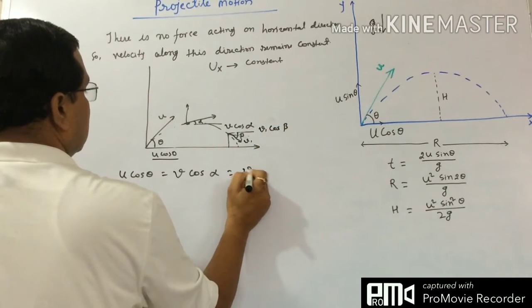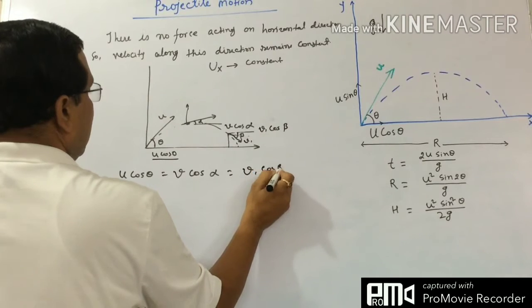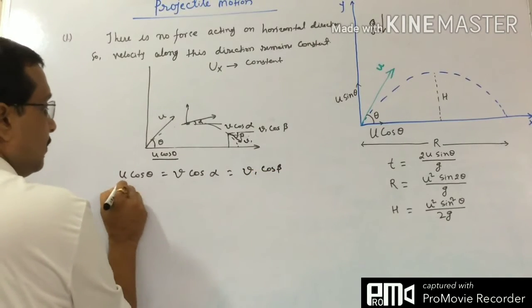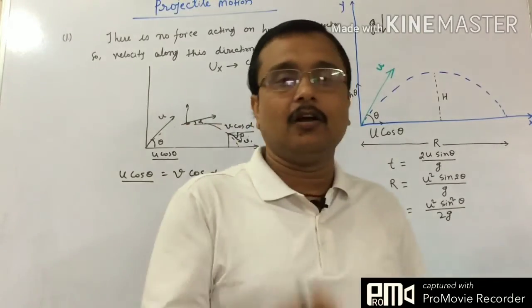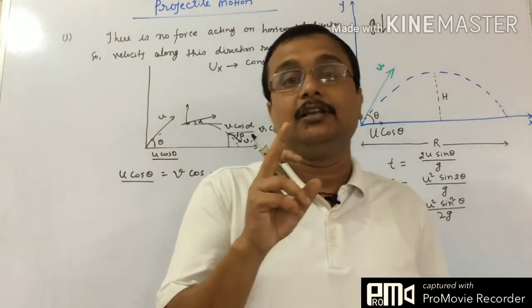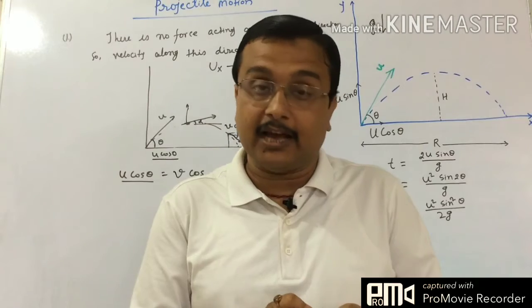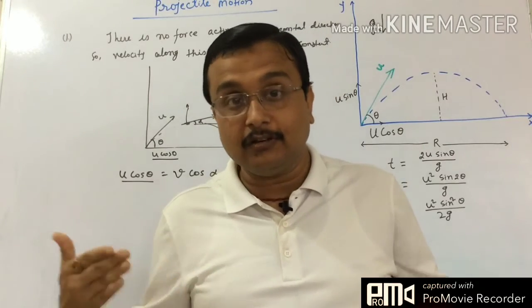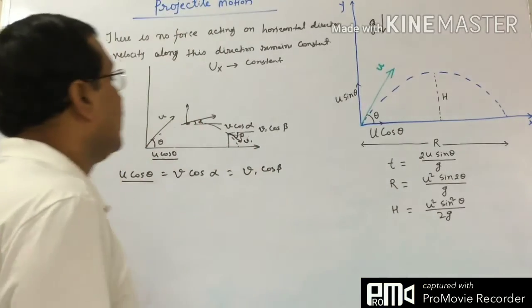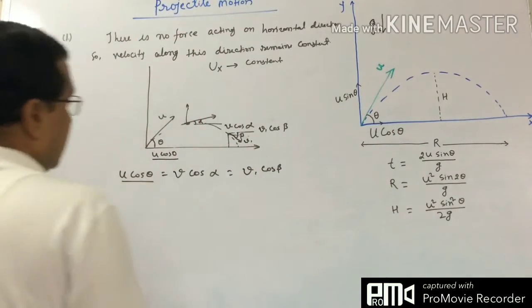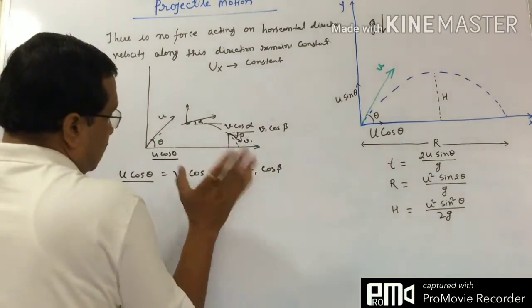This means that the value of velocity in the x direction, the initial velocity, always remains constant. If velocity is constant, it means kinetic energy along the x direction is also constant. We shall talk about how to find the kinetic energy later, when we study work and energy.